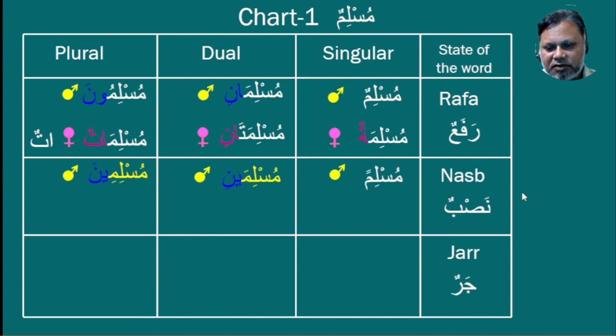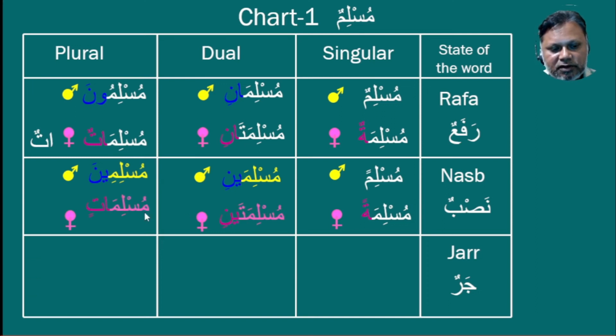What will be the nasab state? For male, it will be Musliman, and for dual object or nasab dual, it will be Muslimaini, and the plural will be Muslimina. Then what will be for female in case of nasab? Female singular will be Muslimatan, dual will be Muslimataini, and the plural will be Muslimatin.